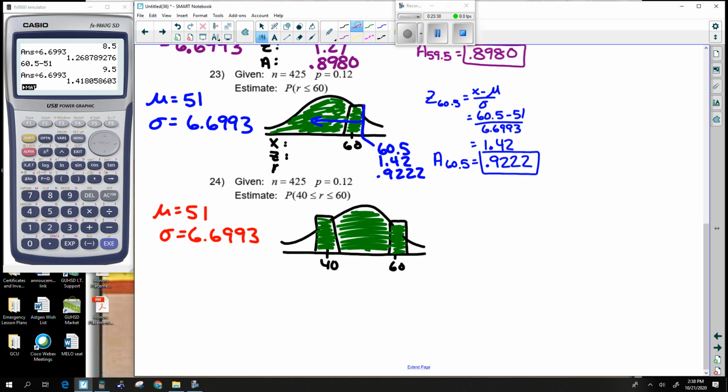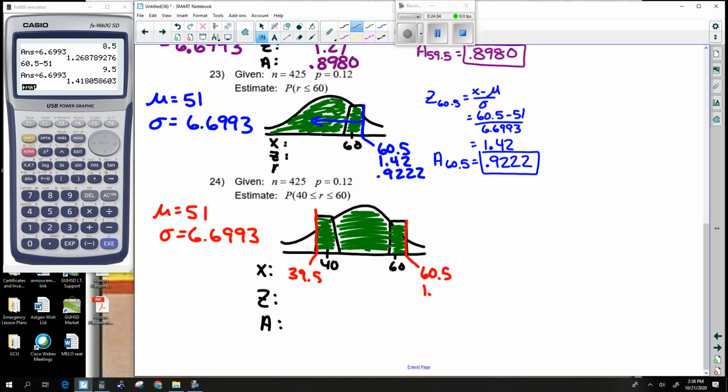So in this problem, I see that the edge exists right here and right here. So the low one is a little bit below the 40, so that's 39.5. And the upper one is a little bit above the 60, so that's going to be 60.5. So in this situation where we have the same average and the same standard deviation, I know information about the 60.5. I figured it in the previous problem.